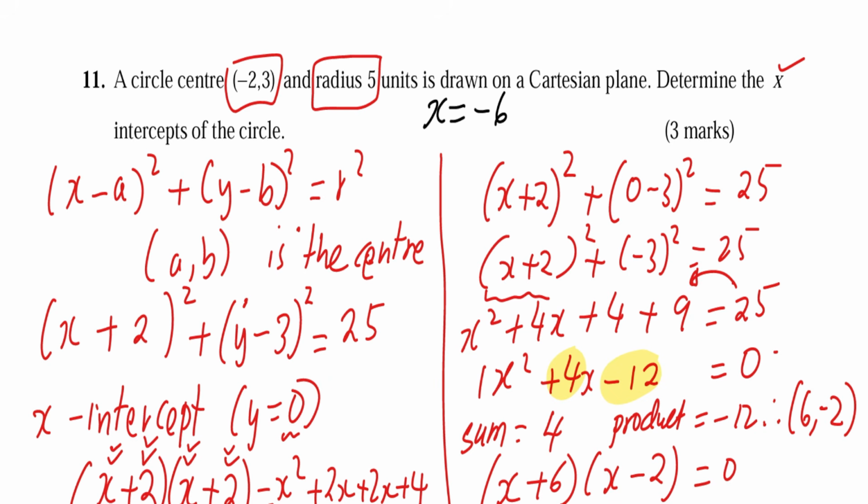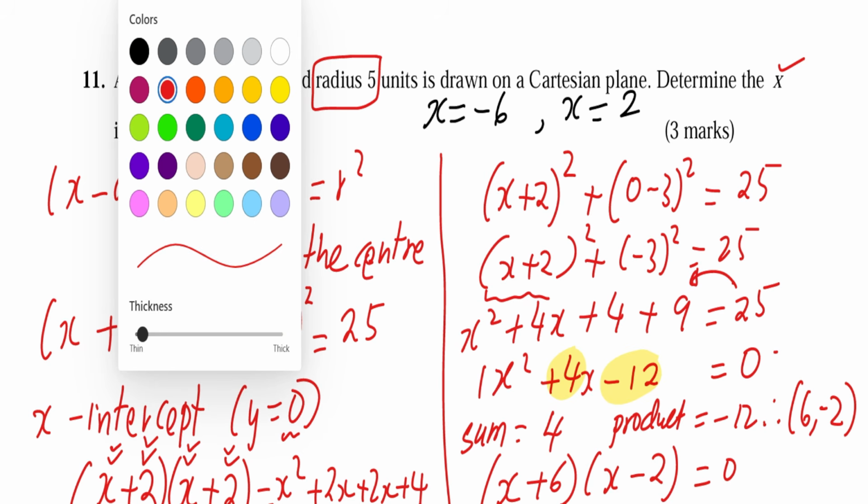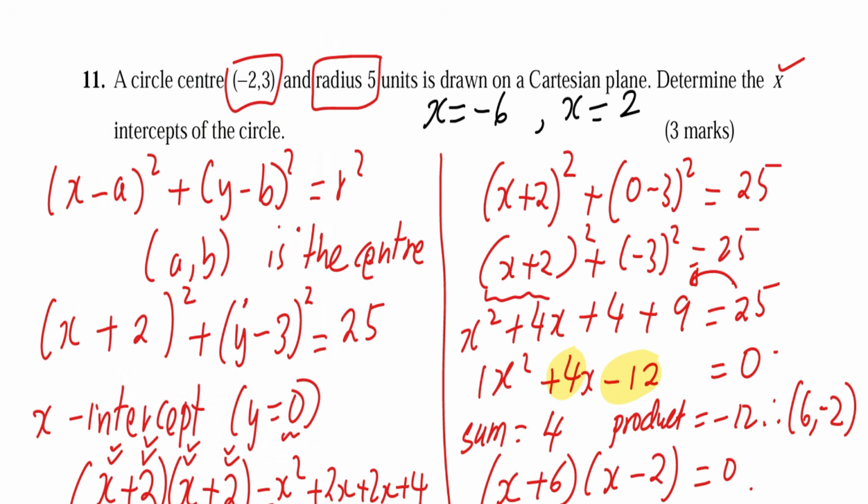For the other one, x minus 2 equal to 0, if you take minus 2 to the other side, x equals positive 2.